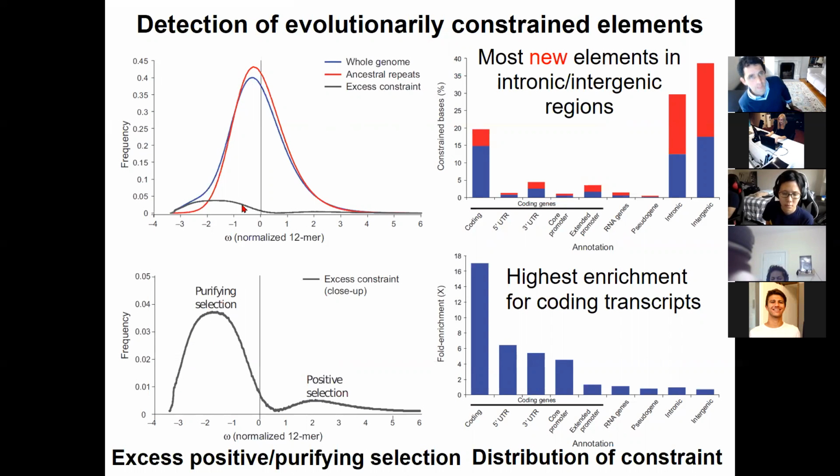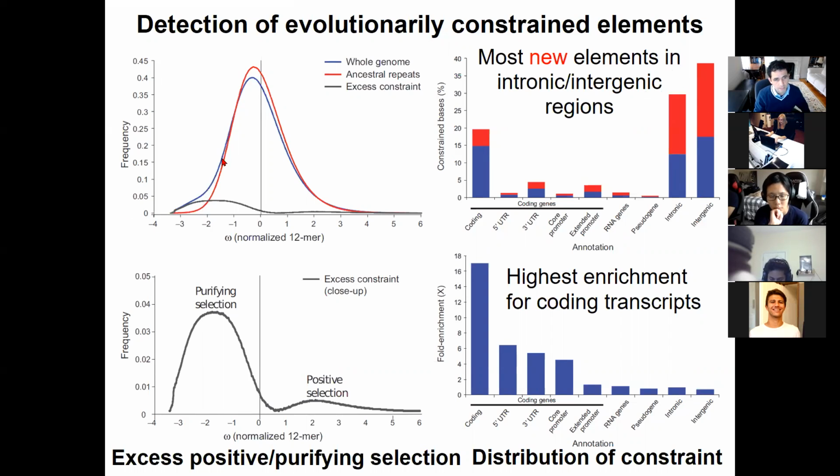And what this analysis has led to in the context of the mammalian alignment is that there's a very strong enrichment for constraint within protein coding transcripts, but also in the 5' UTRs and 3' UTRs and in promoters and in other regions of the genome. But then the new elements are largely falling in intronic and intergenic regions. Namely, there's less enrichment, but an enormous amount of constraint there.